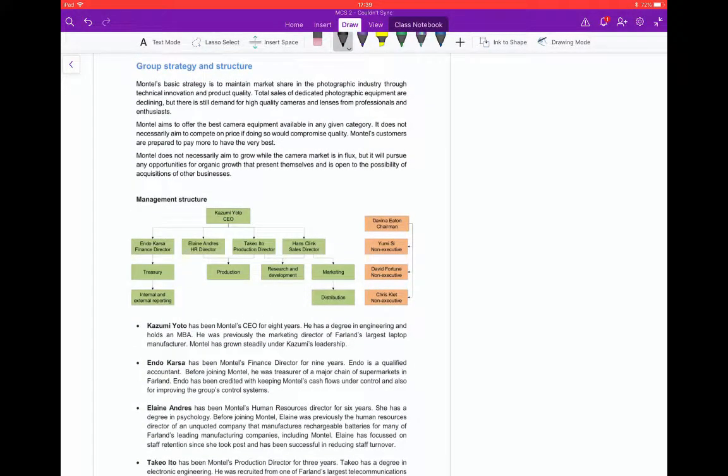Over the page, with regards to the group strategy and the structure, I would always be conscious that I want you to learn who is who. Again, not from the point of view that you are expected to quote these people, but if they make reference to somebody like Elaine, I need you to know that they are the HR director without having to go back and look at it.